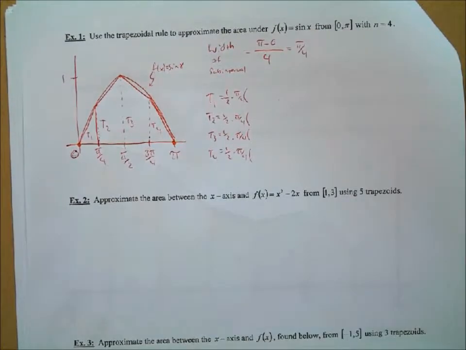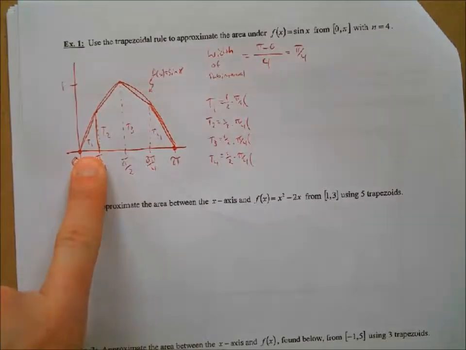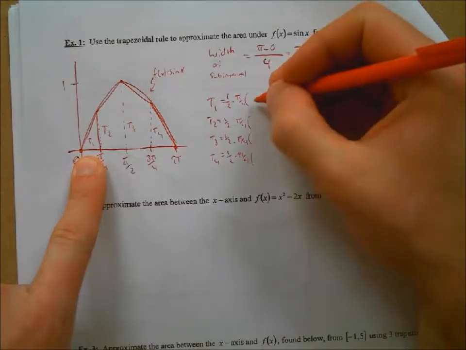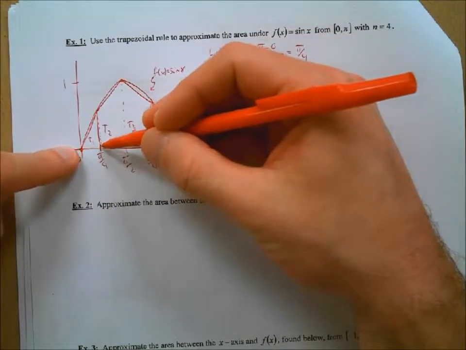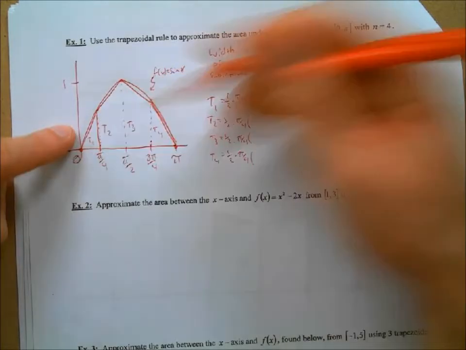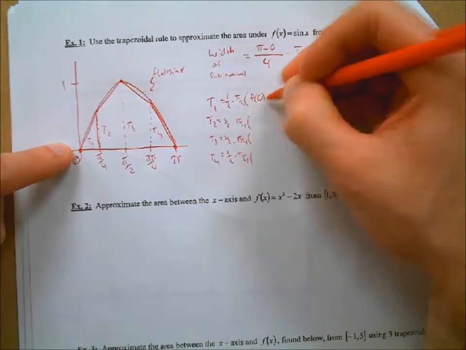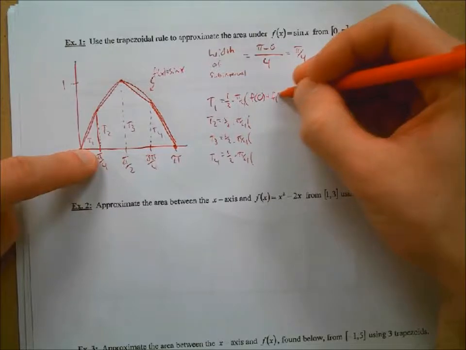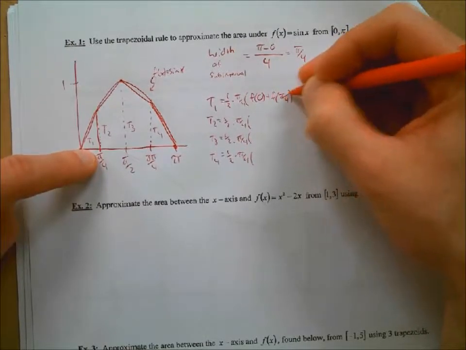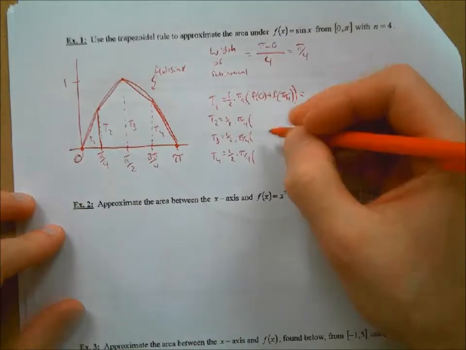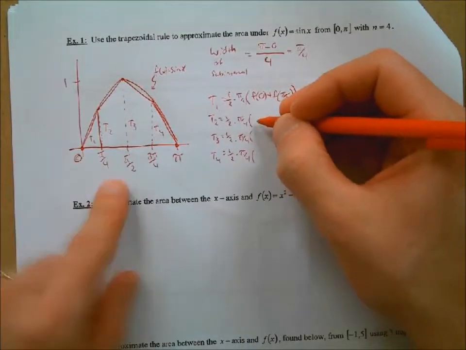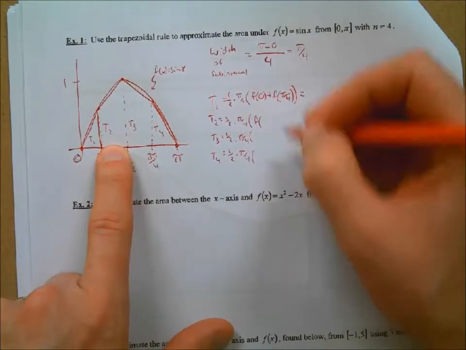Okay. And then for this first trapezoid, what are our 2 bases? I guess we're the left endpoint and the right endpoint, right? We have 0 and pi over 4. So the bases are their heights. So we're going to say f of 0 plus f of pi over 4. And then for the next trapezoid, we're going to do f of what?